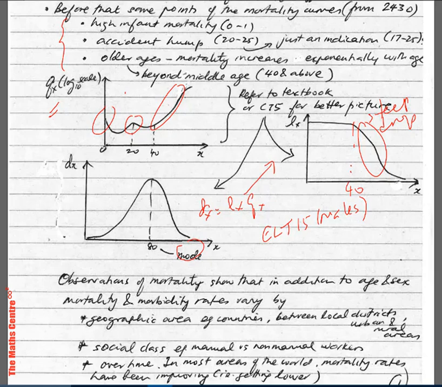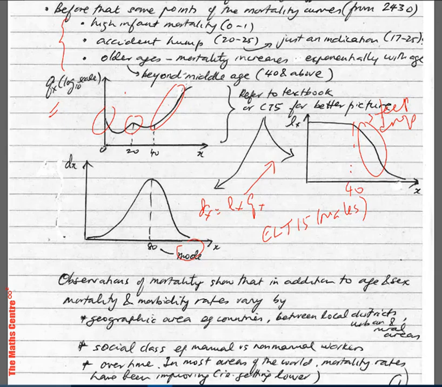Most of the deaths occur between ages 60 and 100. Yeah, we've seen all these things before. You can look it up in the textbook for some further comments related to these curves. This is just to remind you of these things, really. Okay, the high infant mortality rate, the accident hump, and older age mortality increasing rapidly with age. Okay, good.